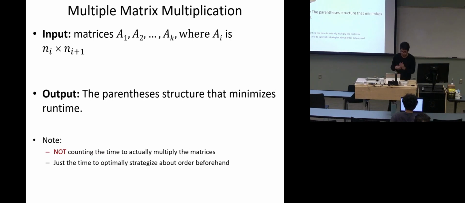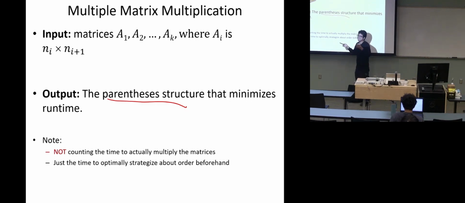What we want is a fast algorithm to compute this parenthesization. When I say our algorithm is fast, it's just about how you come up with the fastest parenthesis structure. We don't count the time to multiply the matrices themselves, just the time to come up with the order.